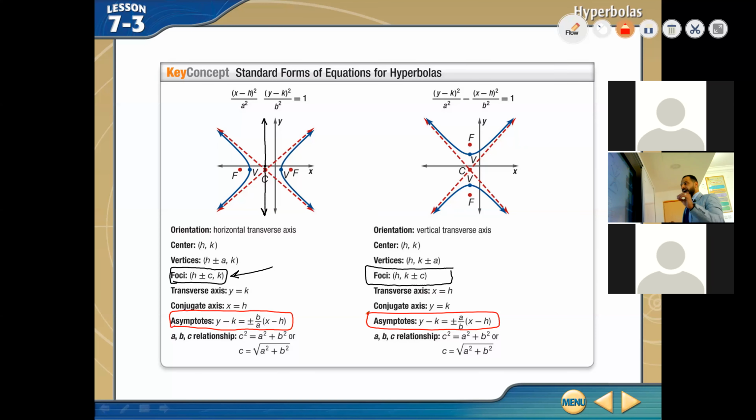Yes, mister. What is the difference between the asymptote lines, or the equation of the asymptote line, between the horizontal and the vertical? A and B. Excellent. So in the asymptote line on the horizontal, we make B over A, the second term over the first term.